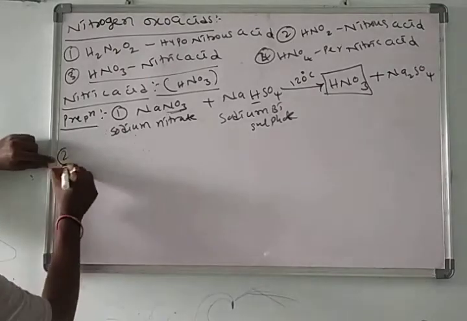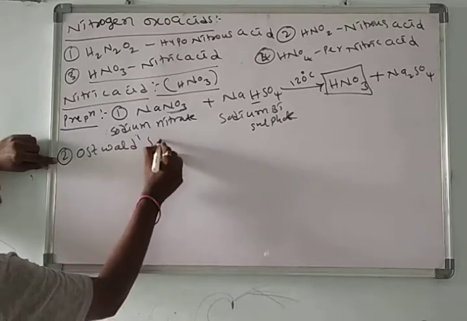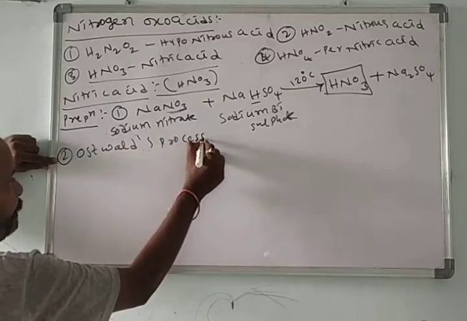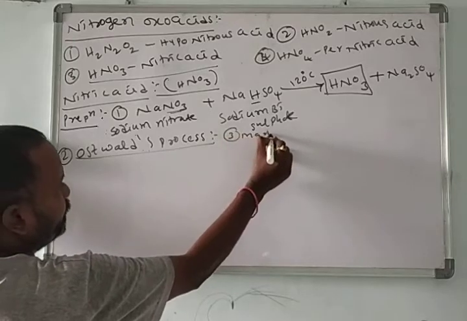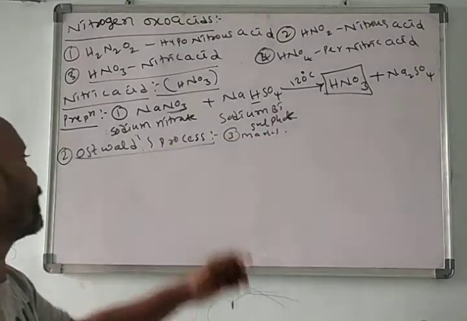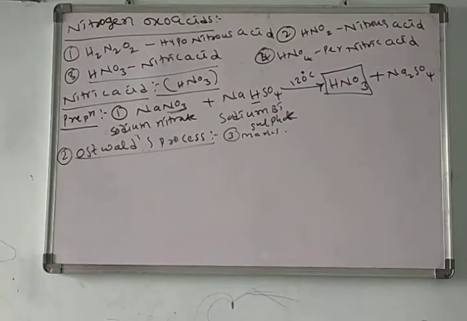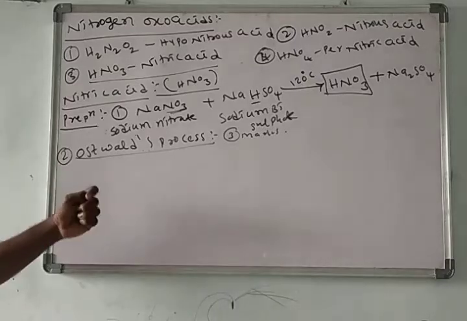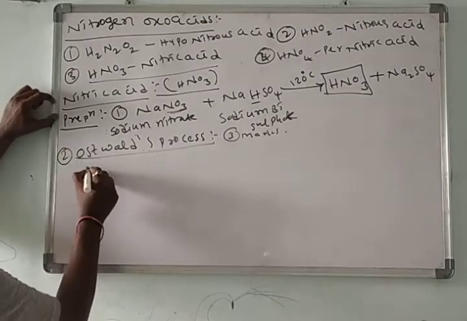Then the second process is Ostwald's process. This is an important question for 3 marks. Here we have 3 steps. In 3 steps we will prepare nitric acid from ammonia by using the Ostwald process.